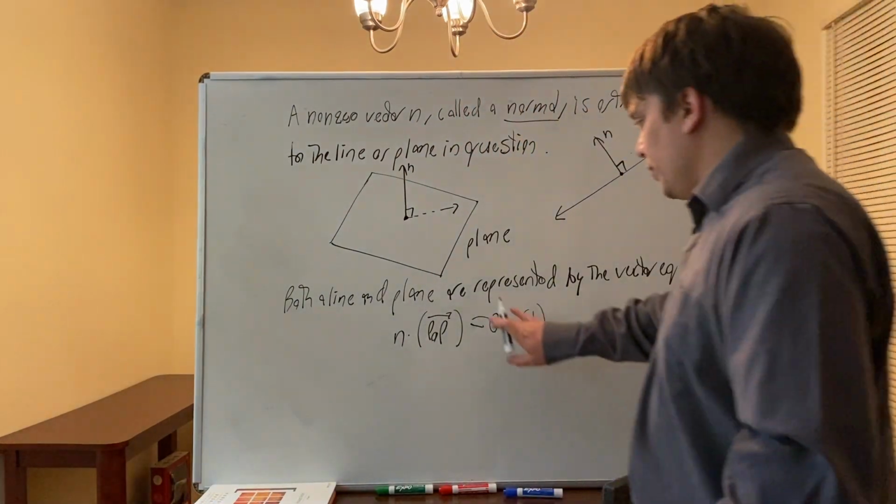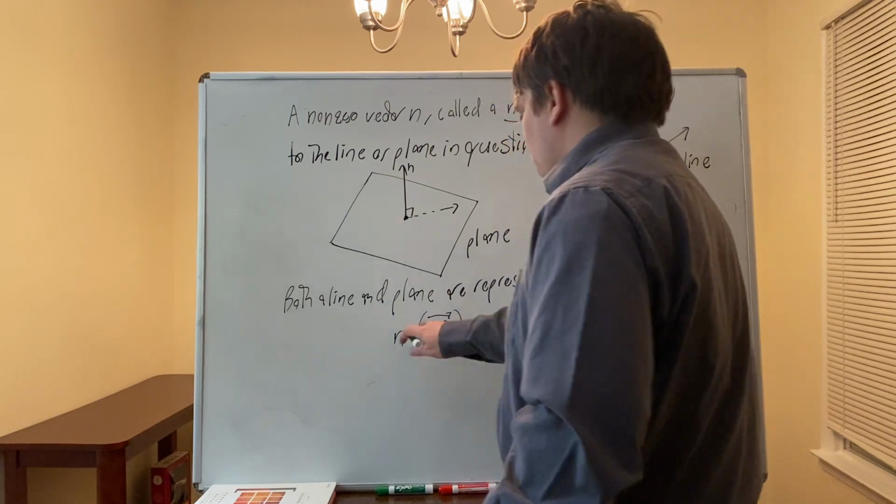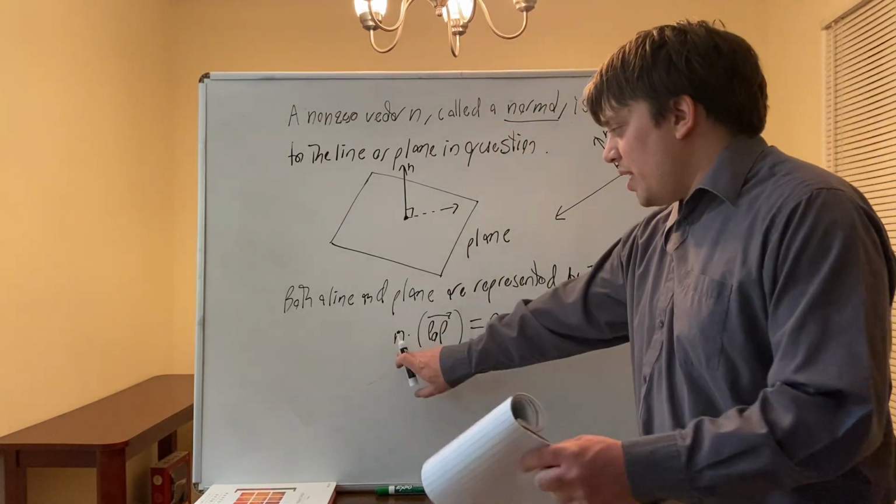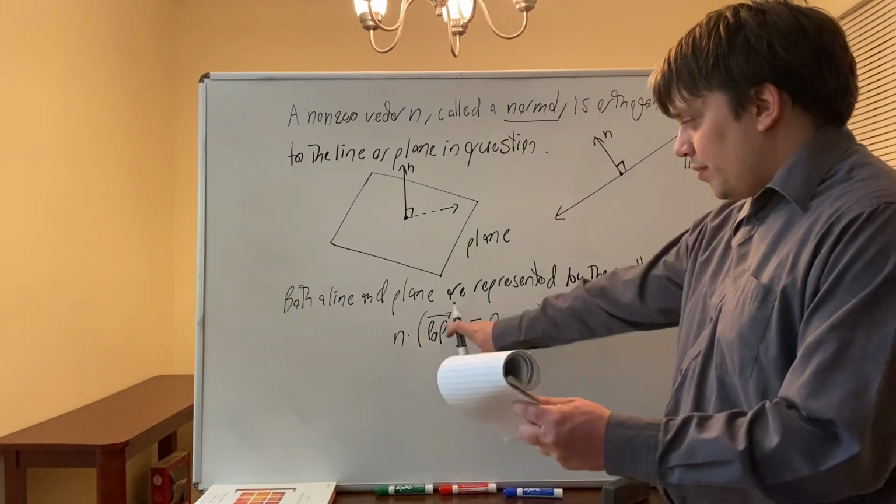That's equation 1. So in the book there's no parentheses there, but I like putting parentheses places so it's clear what's happening. So I'm n dotting with P naught P.